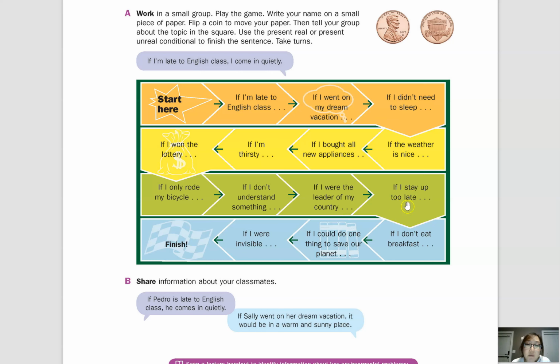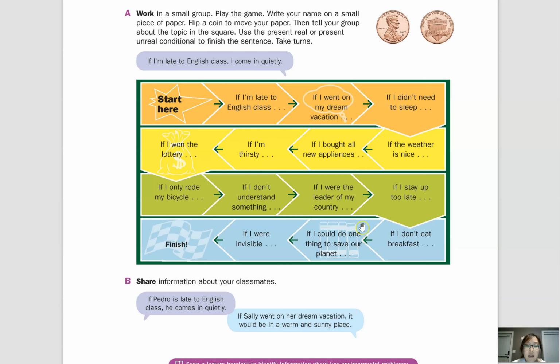Now, you might be wondering, isn't it possible to do one thing to save our planet? That seems pretty easy and pretty doable. And that's true. Everyone can do one thing at least to save our planet.